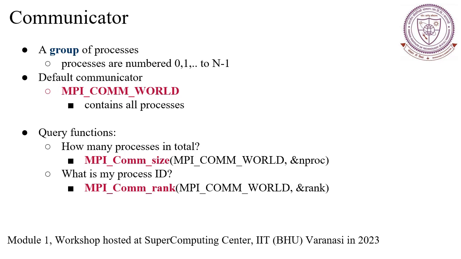This can be useful for writing programs that divide the work among processes or that communicate data between processes. MPI_Comm_rank returns the rank of the current process in the group. This can be useful for writing programs that assign different tasks to different processes or that collect data from all processes.